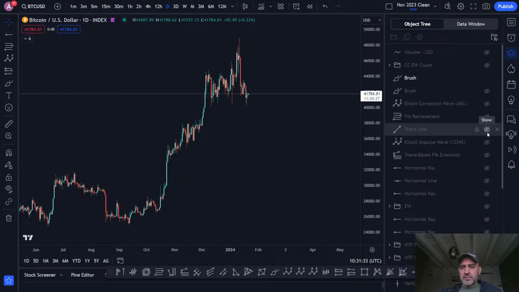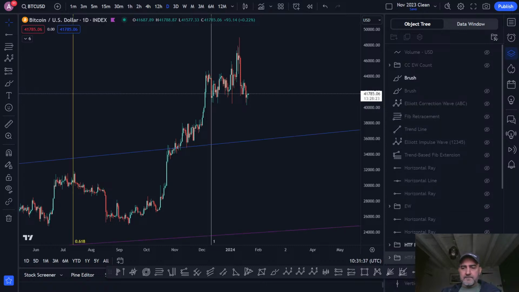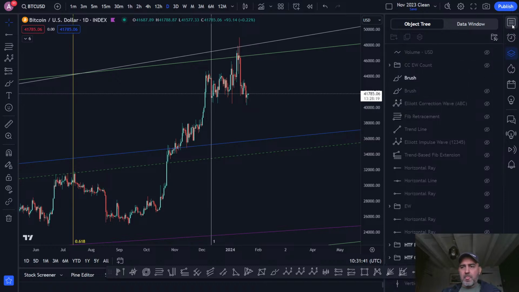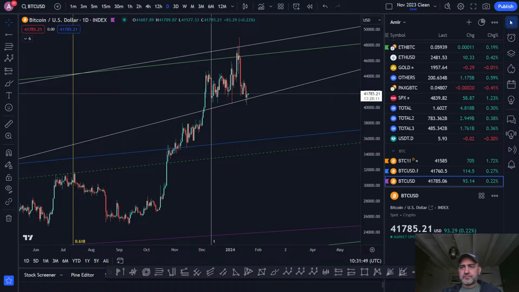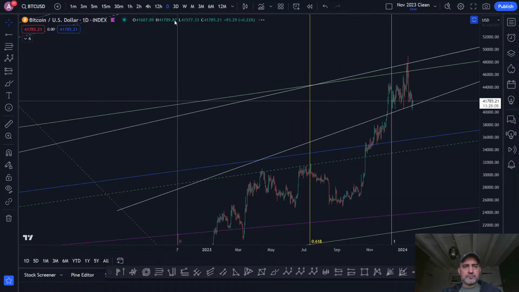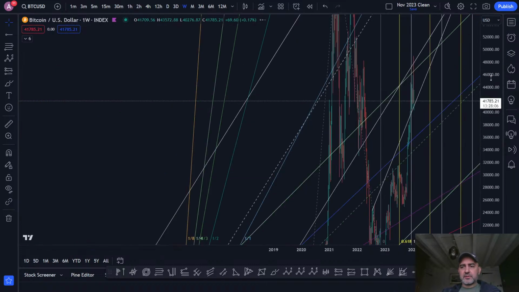Was that the one? Nope. Let me get all my stuff out because I can't remember. Was it this trend line? Yeah. Let me zoom out, see what that looks like.